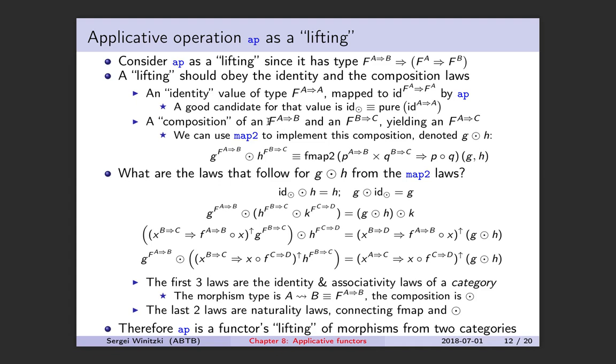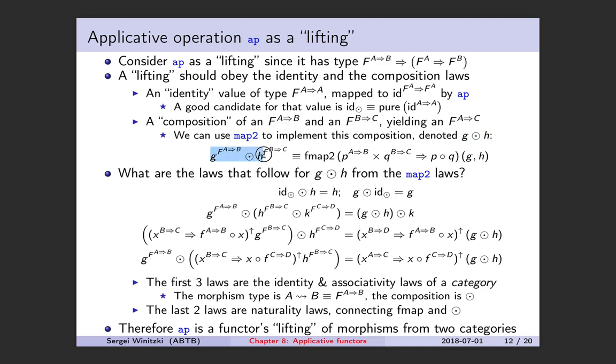If we zip this and this, we get an F with a product, AB and BC. And we can just compose those things in a product and Fmap. So that's what the Fmap2 gives us in one go. It takes two functions, P and Q. Now, let's denote by the symbol this kind of twisted composition where we compose this with this and yield that.